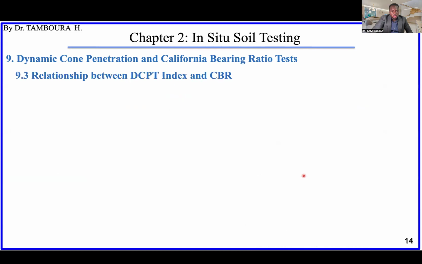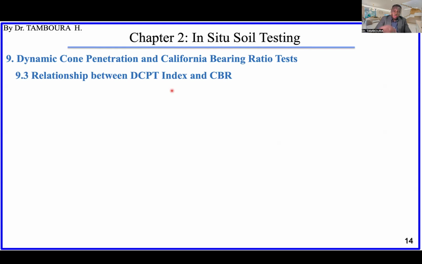Let's continue. Now we are going to see the link, although we have already seen the equation, between the dynamic cone penetration test index. Do you remember the index, right? Dynamic cone penetration index means the penetration in millimeters per blow. When you drop the hammer, each blow will make the cone penetrate the soil.